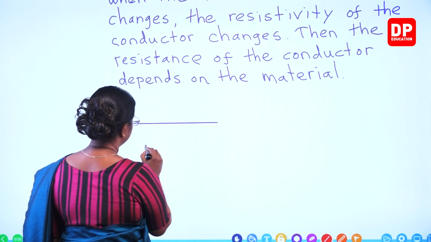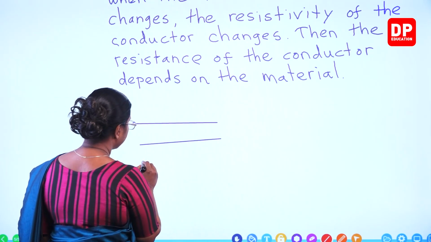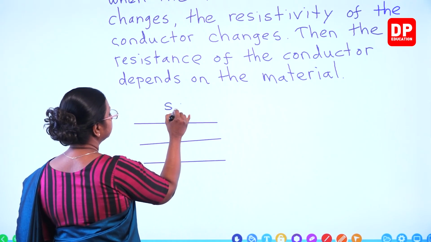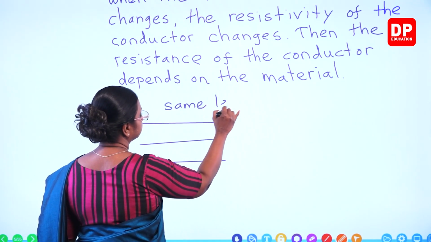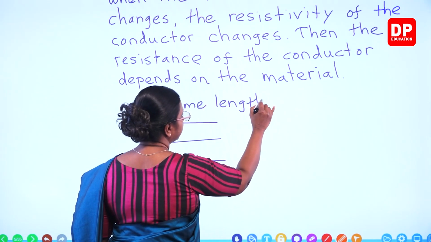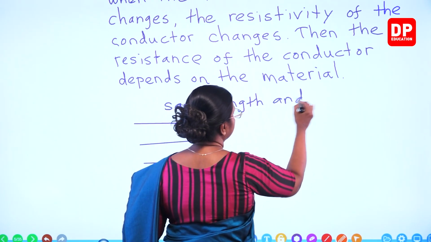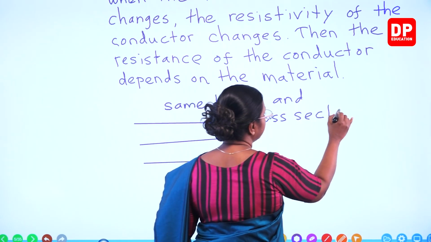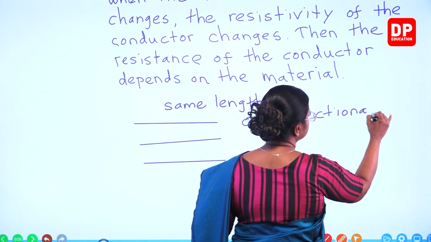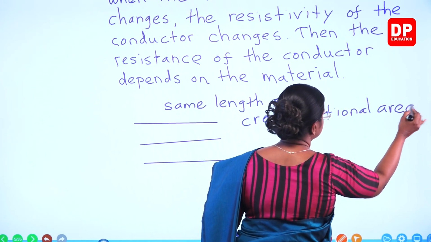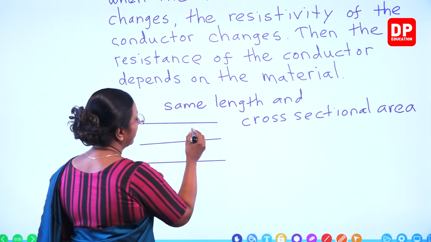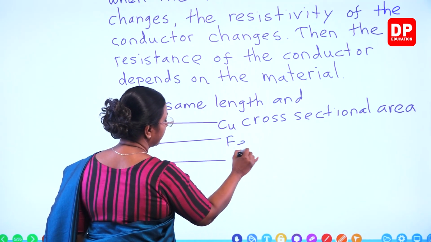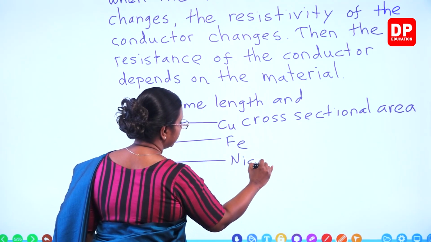where we had 3 different conductors, same length and cross-sectional area, but one we had copper, the other one we had iron, and then we had nichrome.